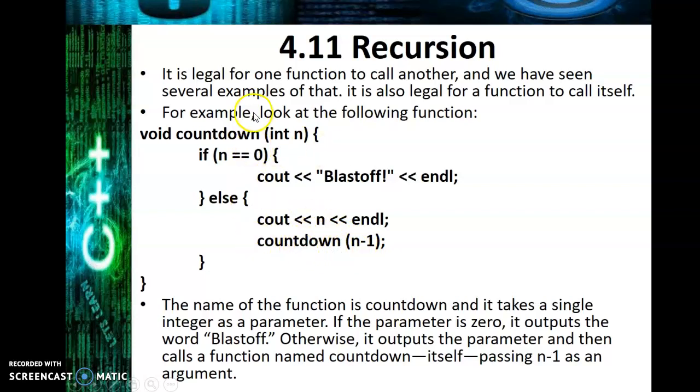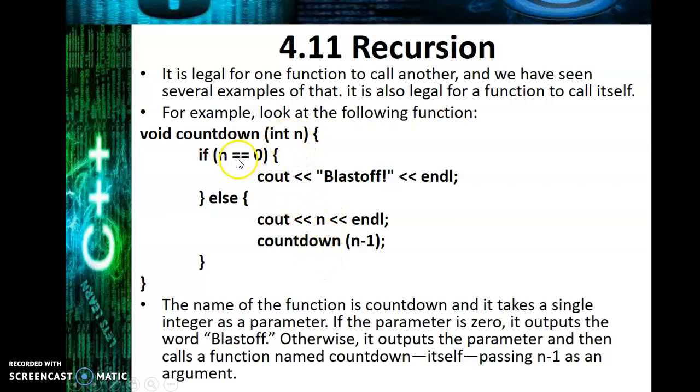Notice this is a call to countdown inside of countdown. It's going to keep calling itself until we get down to 0. This is what we call the base case. Somewhere it has to stop calling itself, and once n is 0, this stops the call.